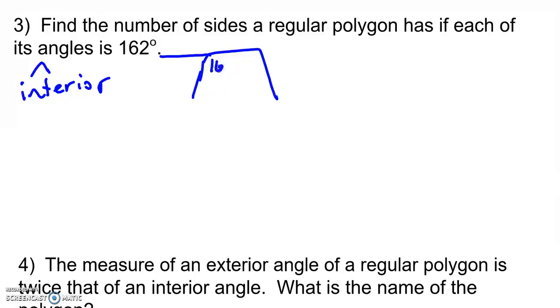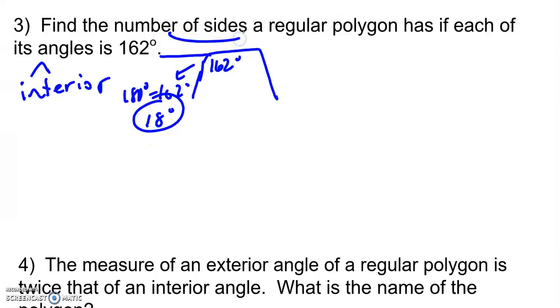So if I drew 162 degrees, this angle would have to be 180 minus 162, which would get you a measure of 18. So that means in your figure, every exterior angle is 18 degrees.